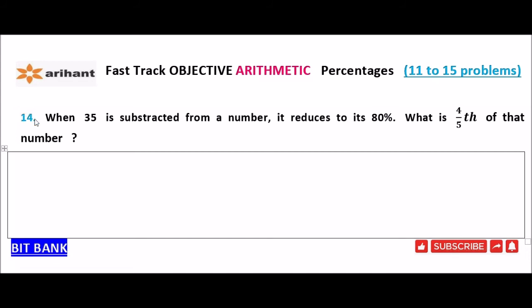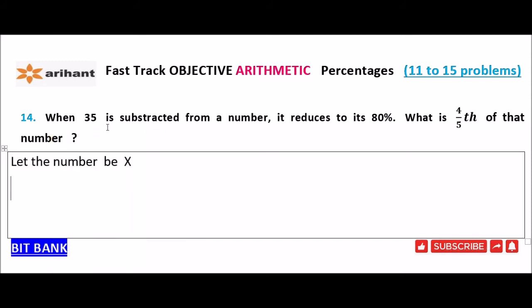14th question. When 35 is subtracted from a number, it reduces to 80% of the number. What is 4 by 5th of that number? Okay, let the number be x.